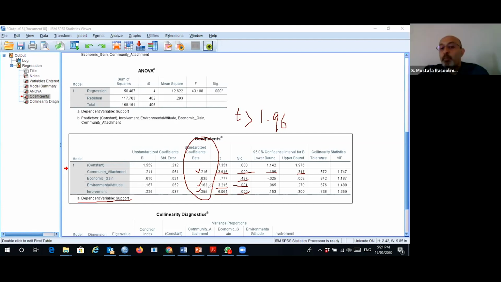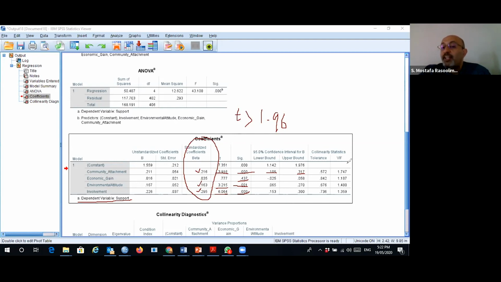Here, involvement is the most important, followed by community attachment and then environmental attitude. And economic gain is not an important variable to predict support. So this is the interpretation of beta coefficient, based on t-values, p-values, and confidence interval.